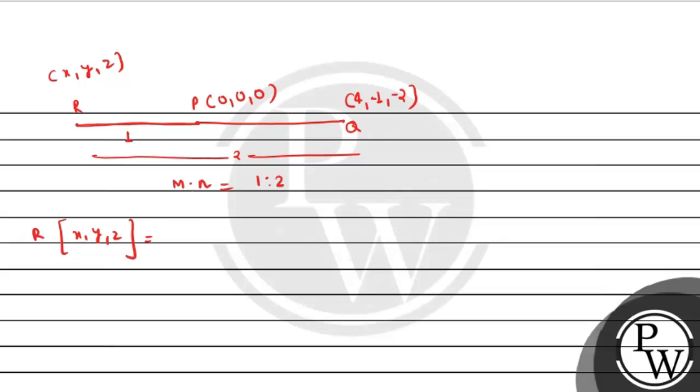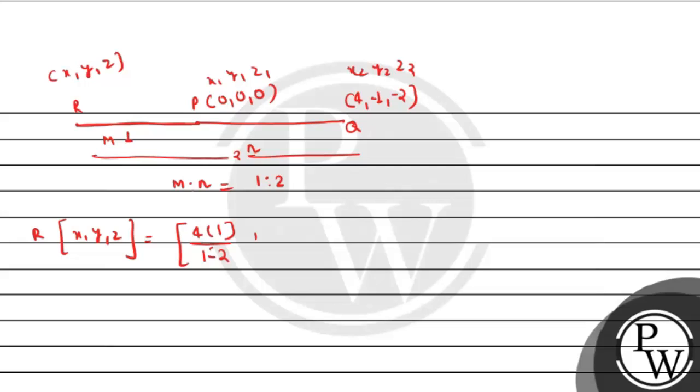According to the formula, the coordinate of R: here we have 4 into 1, where that is m and that is n, with x1, y1, z1, x2, y2 and z2. First we find x, which is x2 multiplied by m minus x1 multiplied by n. We know that x1 is 0, so that term becomes 0, and upon m minus n, that is 1 minus 2.